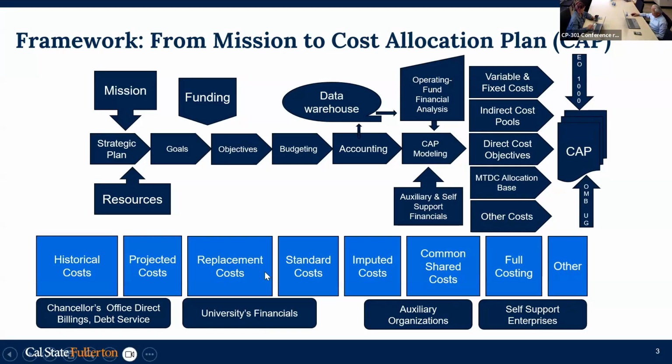And then we have the auxiliaries. We have the parking operation, as I said before, housing, and then we have the true auxiliaries, the ASIs, the ASCs, things like that, the philanthropic foundation, and then the self-support, which I mentioned before, the housing and parking operation.